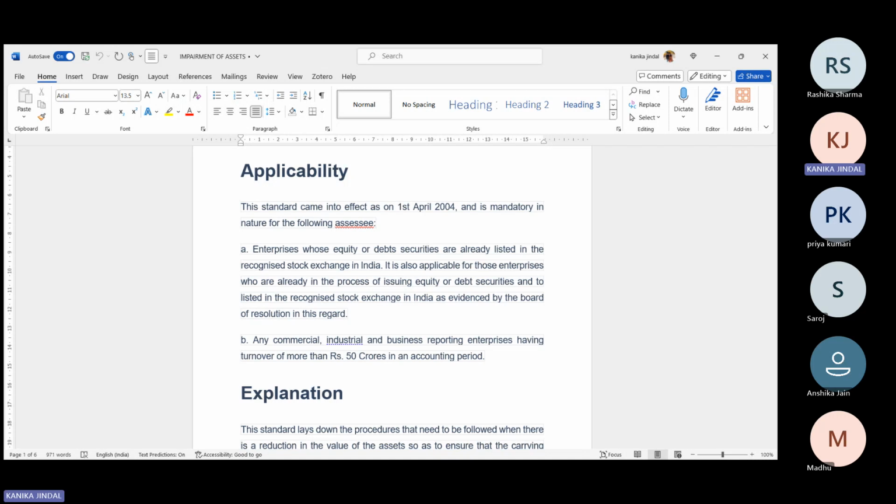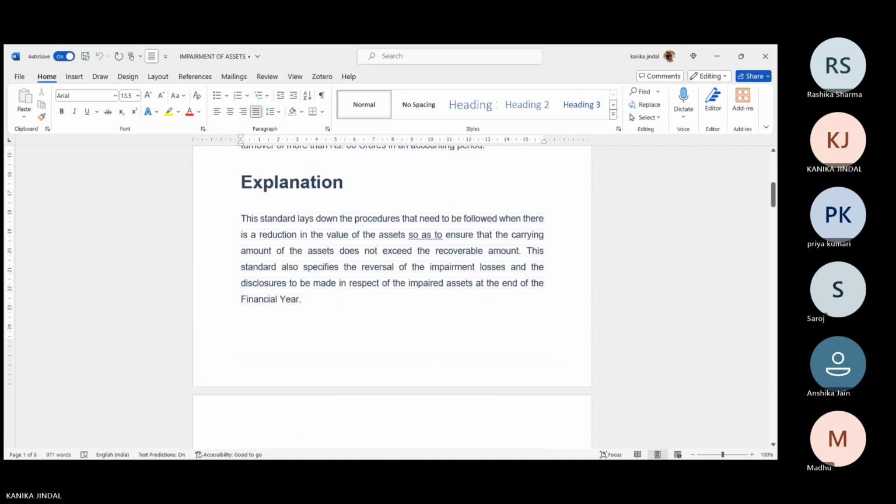Now, let us understand the explanation. This standard lays down the procedures that need to be followed when there is a reduction in the value of an asset, so as to ensure that the carrying amount of the asset does not exceed the recoverable amount.